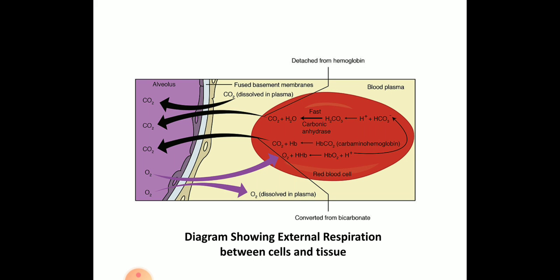The partial pressures of oxygen and carbon dioxide are maintained around 100 mm mercury and 45 mm mercury respectively. And you can see the oxygen which is dissolved in plasma is also dissociating out.